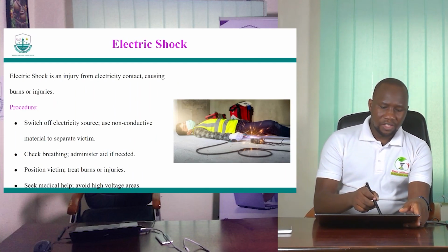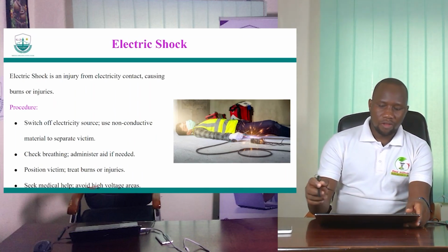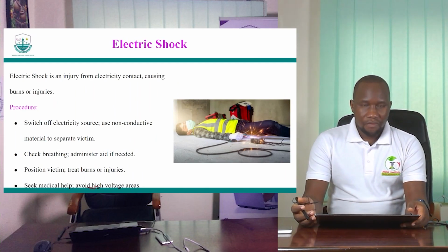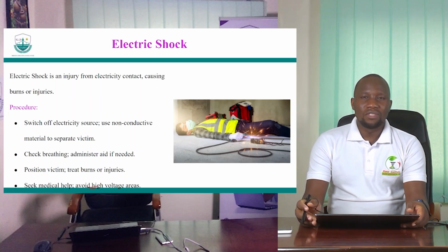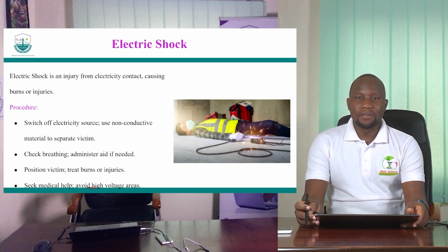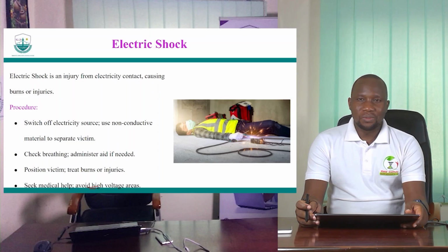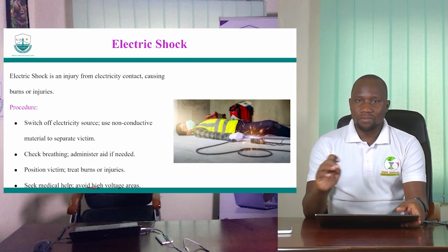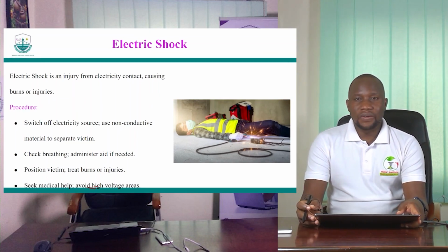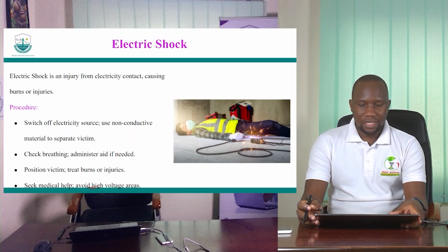And this is also very important. If the area is of high voltage, it could be very important to avoid. This still comes to the fact that you don't want to put yourself at a very huge risk. So it is very important to take into consideration those issues that have been raised.